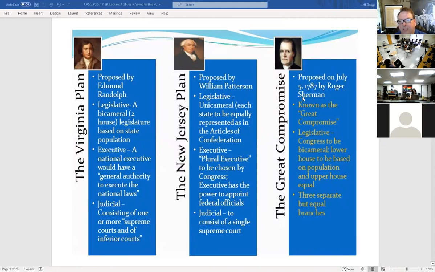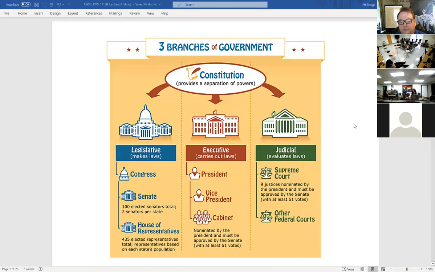So the last thing we really discussed in depth was the Great Compromise at the Constitutional Convention, where our founding fathers came up with a federal government that was made up of 3 branches.